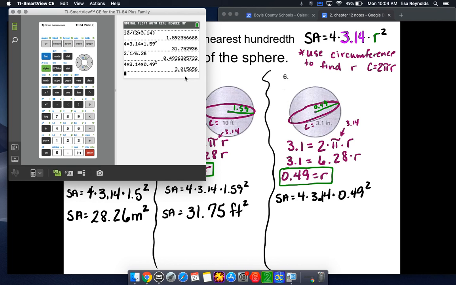Rounding to hundredths place, so this 1 is going to round up to a 2, and our surface area is 3.02. Our circle circumference was in inches, and we're dealing with square units.